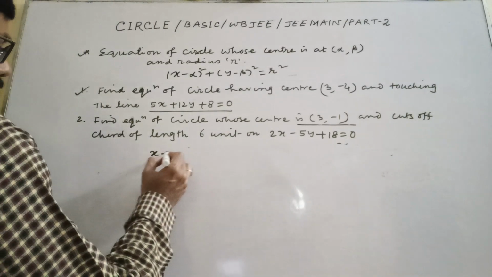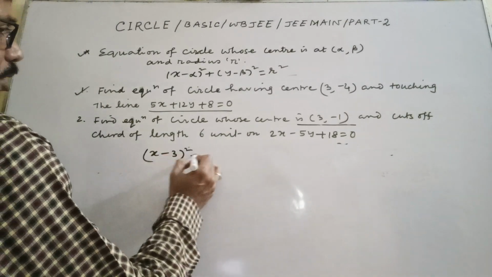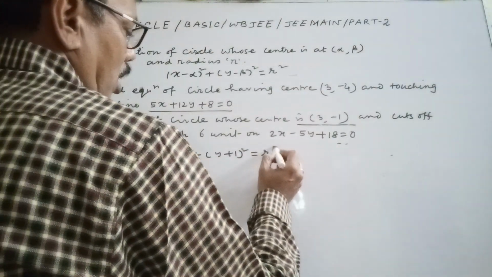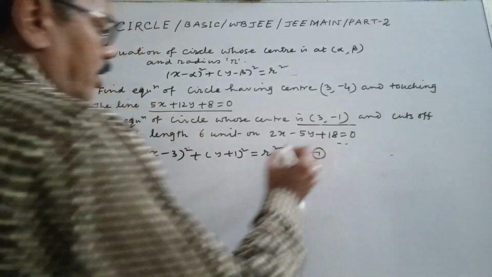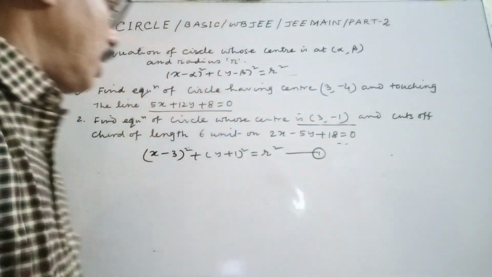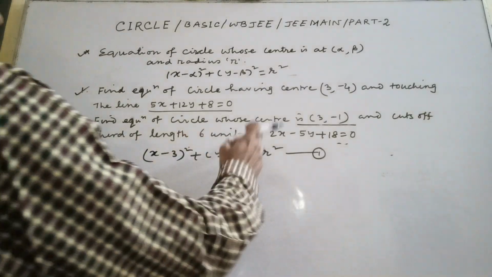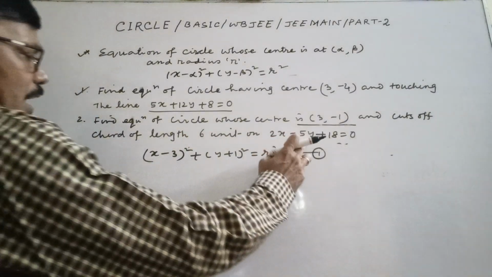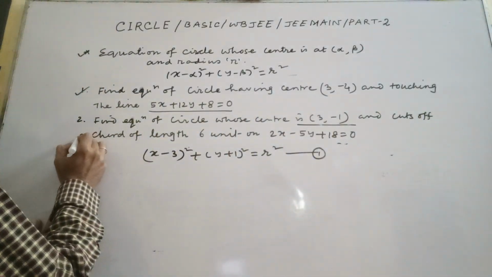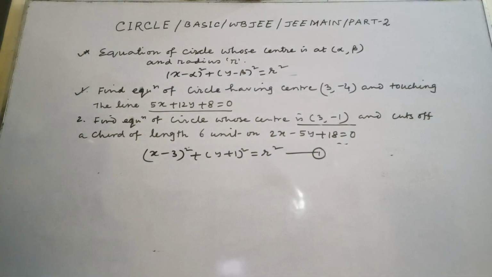So (x minus 3) whole square plus (y plus 1) whole square equals to r square. So r is to be determined. Now to find r, one condition is given. So this line cuts off a chord of length 6 unit.